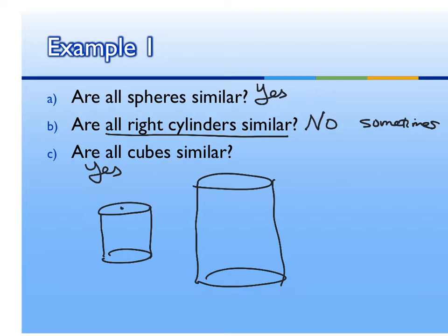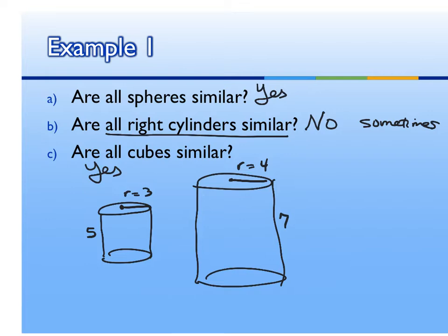And let's say this one has a radius of 3, and let's say this one has a radius of 4, and this one has a height of 5, and this has a height of 7.